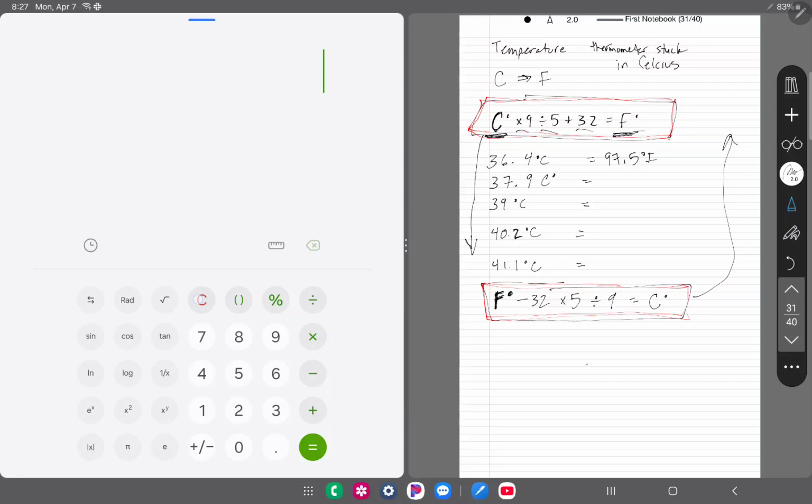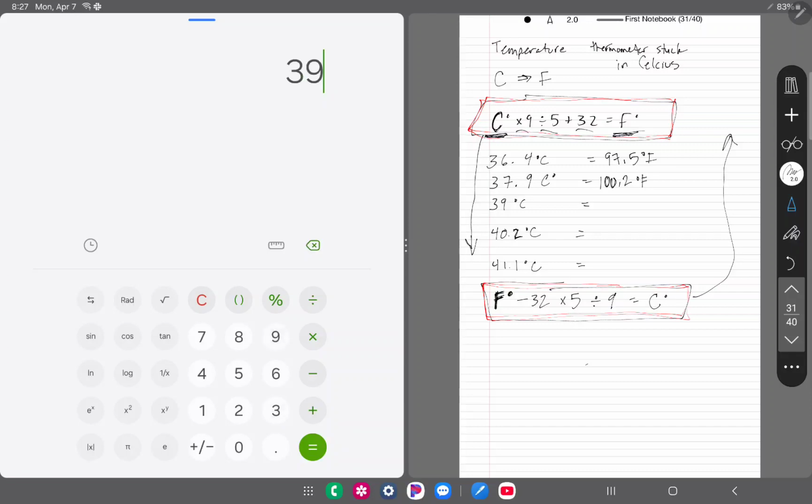Now, next one is 37.9. We're following the same thing. Times 9 divided by 5 plus 32, 100.2 degrees Fahrenheit.